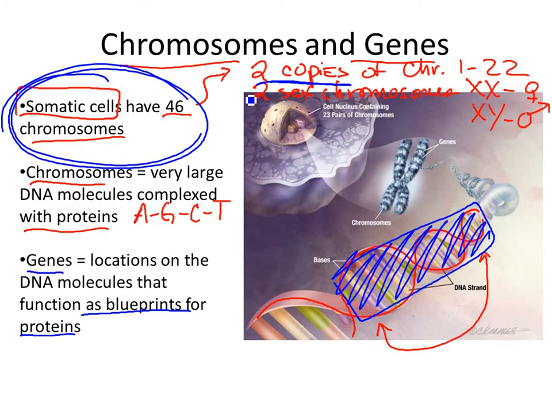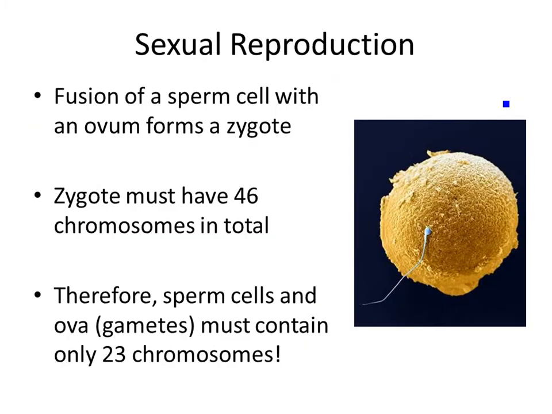And then from mommy you get 1 X chromosome, and from daddy you get either an X or a Y chromosome. That combination from your parents determines whether you're a female or a male. And again, you've got to have the proper combinations of these chromosomes in a cell, otherwise that cell is going to die or it's going to function very inappropriately.